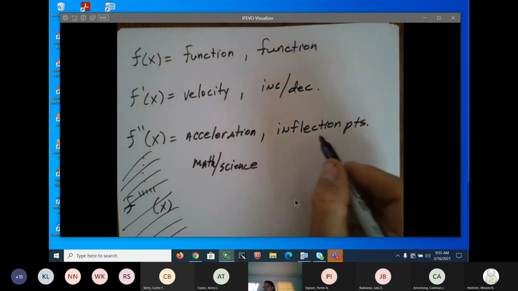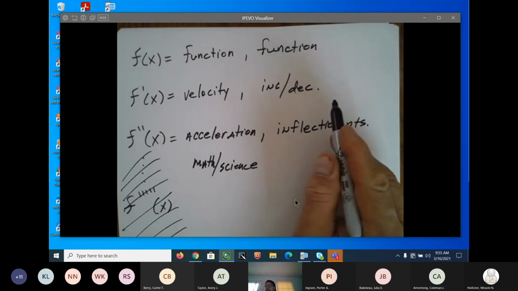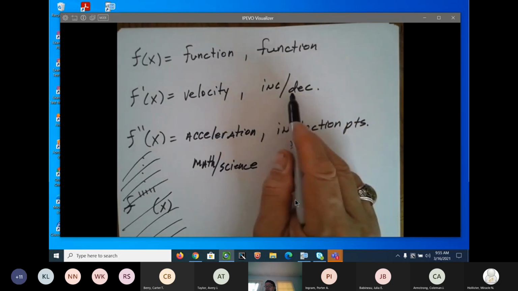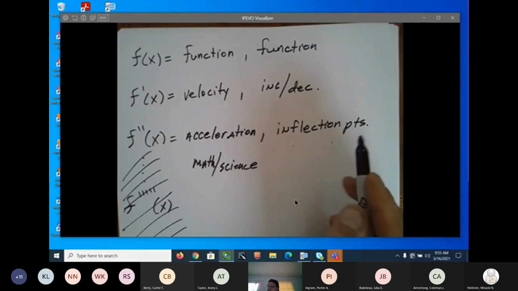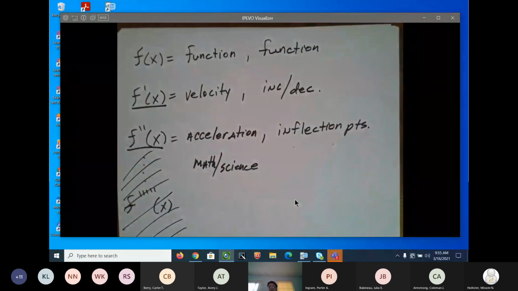In non-math and science, on a curve, it gives you the increasing and decreasing values as well as the inflection points on the graph, wherever it turns. So there may be some application, I don't know if it's 1.7 or 1.8, it's the one that says more derivatives.